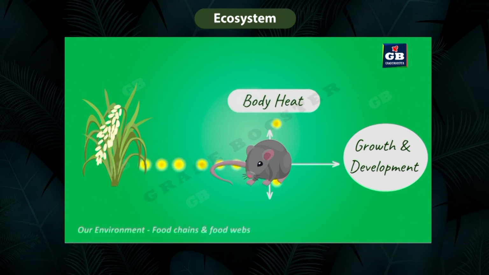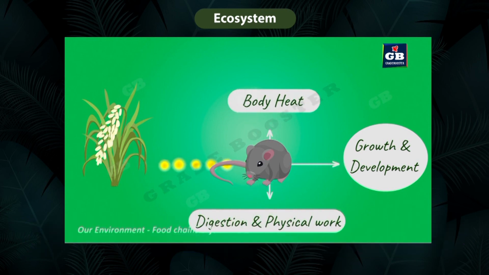Some energy is used for digestion and for other physical activities. Only the remaining energy is converted into the body tissues of that animal. On an average, only 10% of energy obtained from food is useful for body growth and development. The rest is spent for various activities.